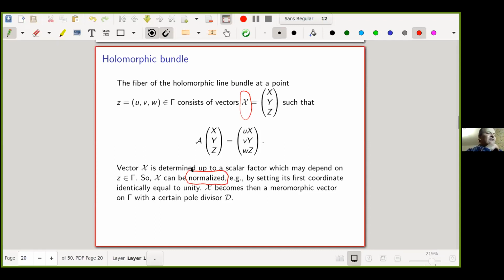For instance, take some coordinate and order it to be equal to unity, just everywhere. Then you have a meromorphic vector on my curve gamma with a pole divisor that we call D.